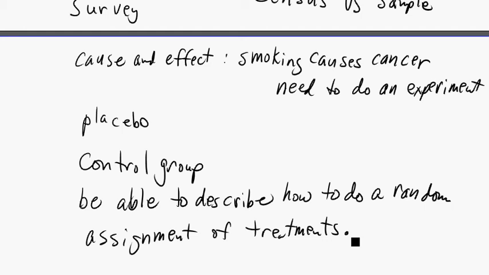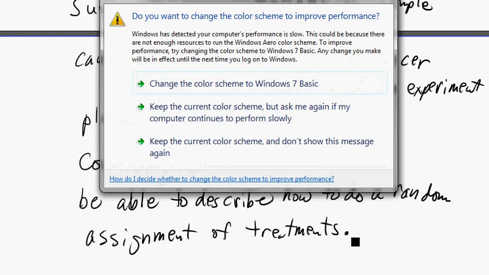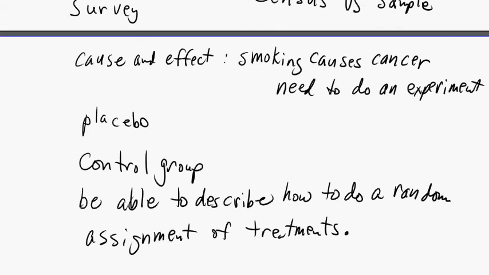How do you randomize on the calculator? So if you want to assign somebody a random placement on a calculator, you would first take everybody in your group and give them a number, like number them off 1 to 10, and then in your calculator you would go to math and probability and randInt(1,10).